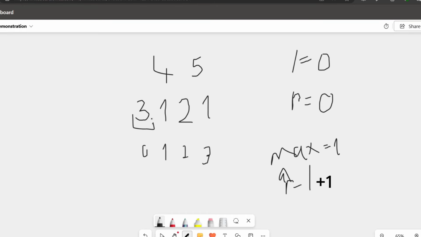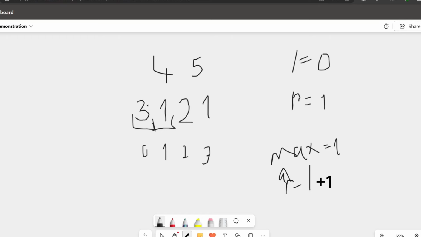Let's say that every time we have some substring that fits the criteria, we move the right index by 1. So instead of right being 0, right would now be 1. So what that means is that we would have these two numbers now.